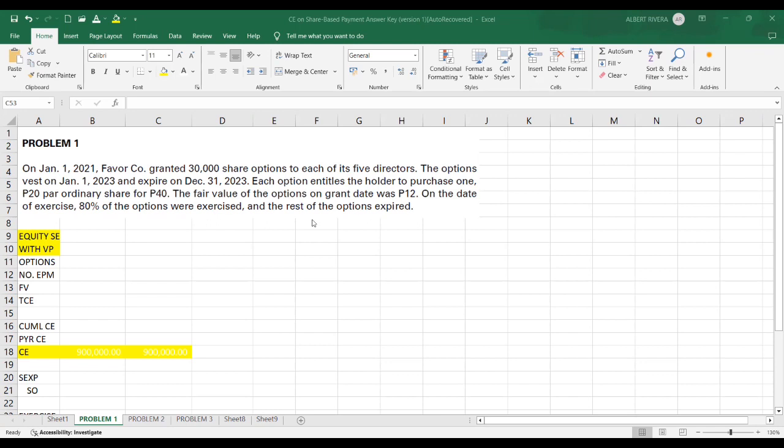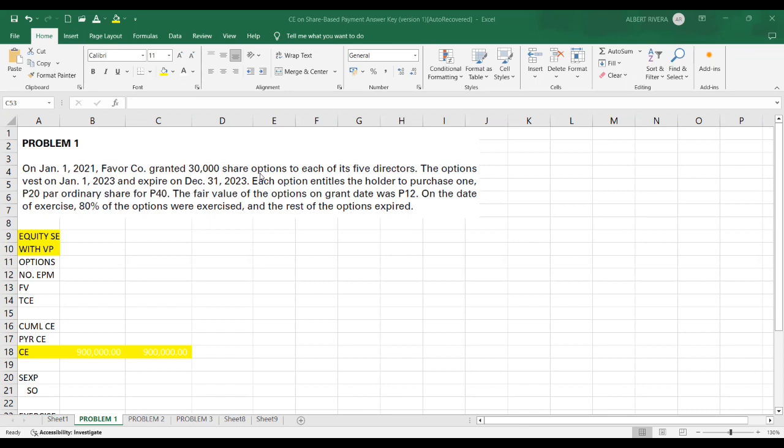What is the form of settlement here? The form of settlement here is equity settlement because the entity is granting options. Share option is an equity instrument granted to the employees, and that share option is a right granted to the employees to purchase the shares of the entity at an amount that is lower than the fair value at the exercise date.